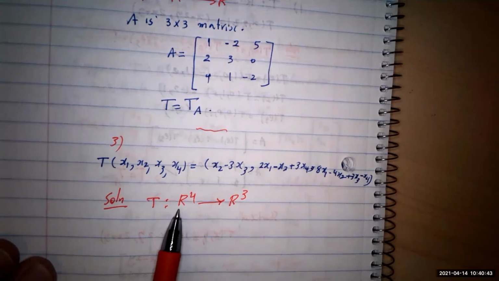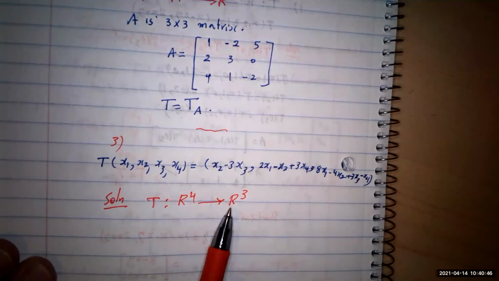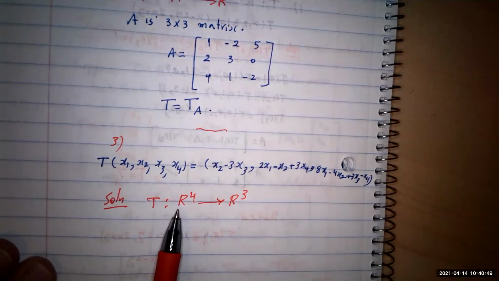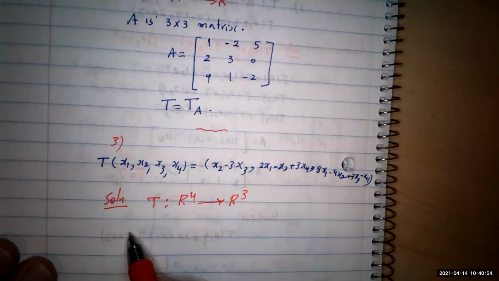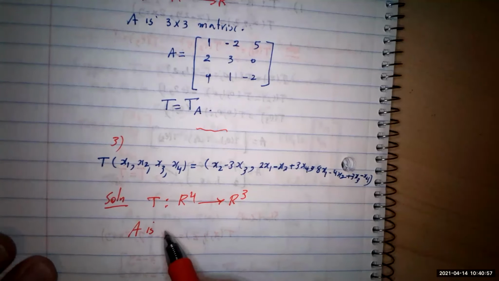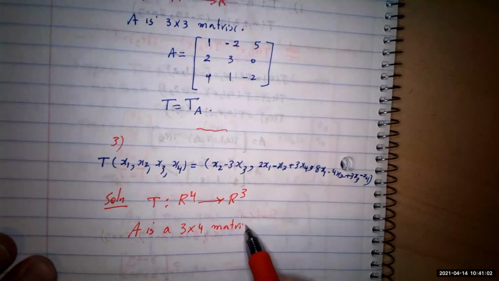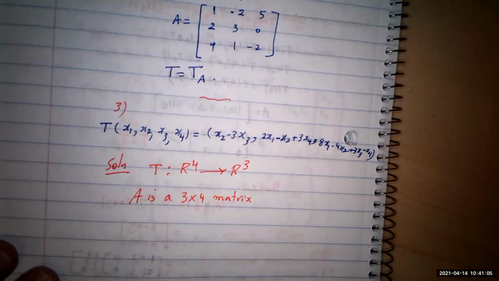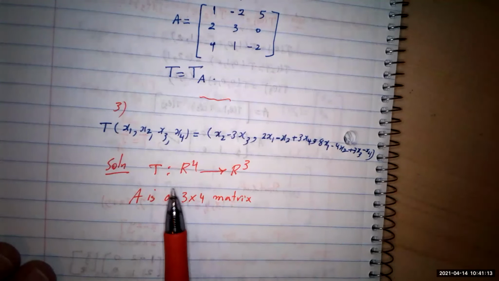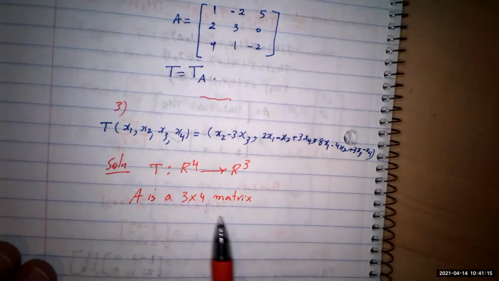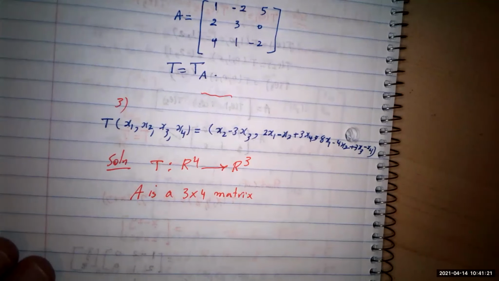Remember, it is always R^m to R^n, so your matrix A is a 3 by 4 matrix. When you write this as a system of equations, you have 4 variables, and 4 variables means you have to have 4 columns. So 1, 2, 3, 4, these are your columns. So this is going to be the matrix.